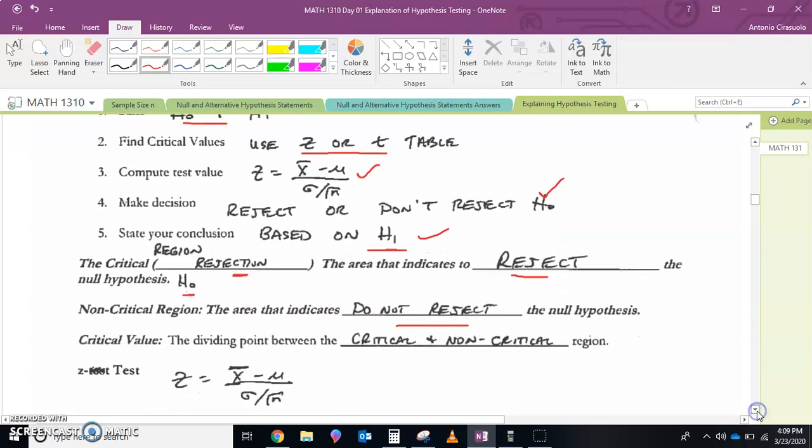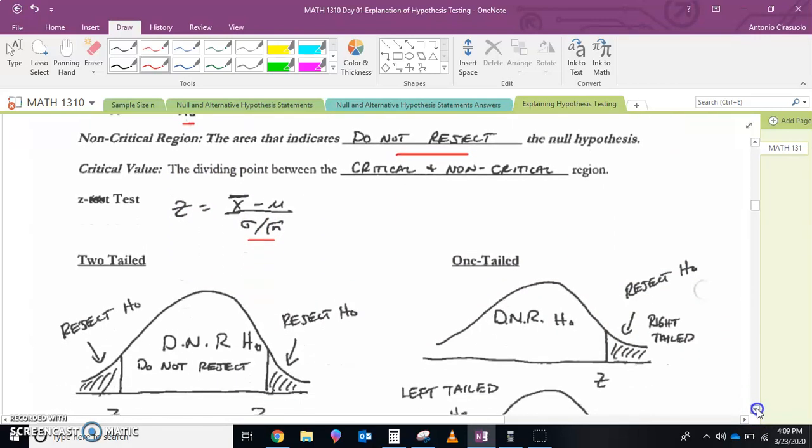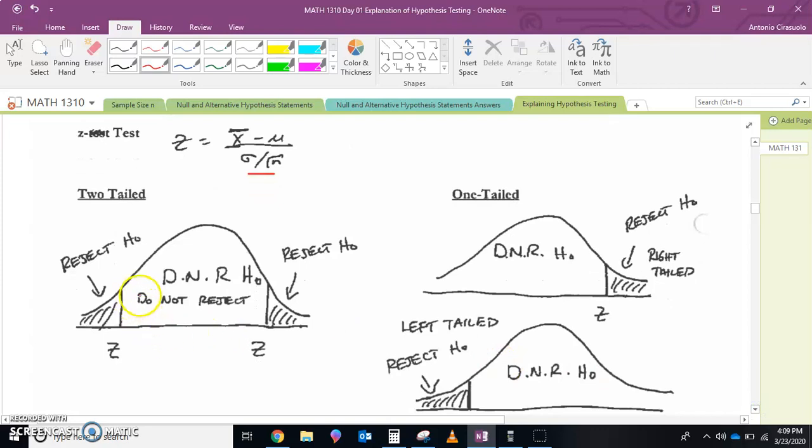Okay, so when it comes to our Z test, this is what we're going to be dealing with, which is just review. We've done this before. And when we look at the picture of this idea of rejection region and non-rejection region, basically, if we have a situation where there's no direction, we have two tails. We have a tail here and a tail here. If we have a direction involved, this is going to be either to the right or to the left.